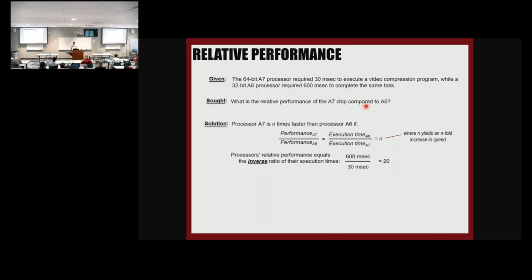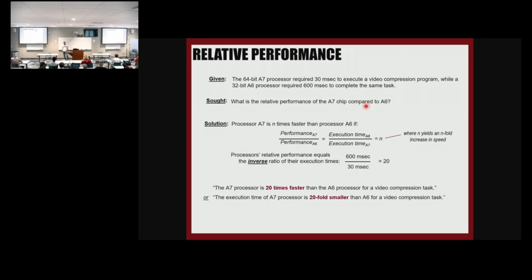We don't have speed up here, but the relative performance is 20. And we can say that the processor A7 is 20 times faster than processor A6. Or we can say the execution time of the processor A7 is 20 times smaller than the execution time of the processor A6 for the same video compression task, right?